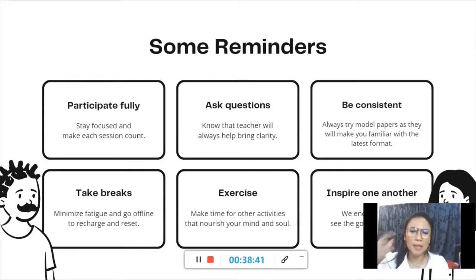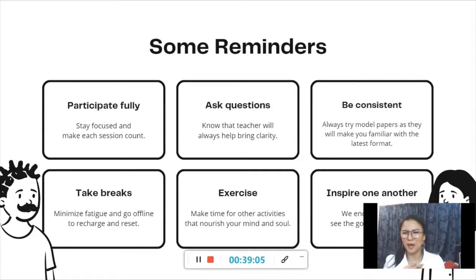You must believe that your science teacher will always aim to give you help. They will always help and bring clarity. And from your aspect, you must be consistent. As a student, we must always try out model papers.